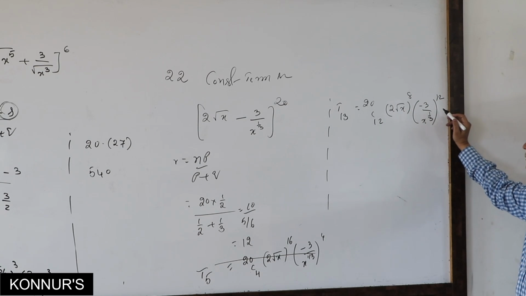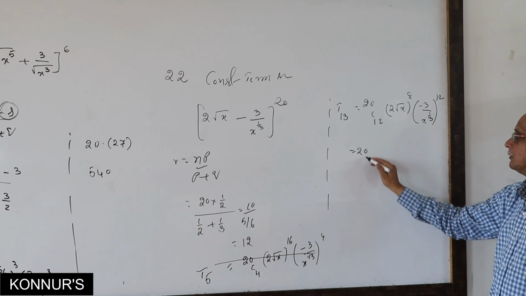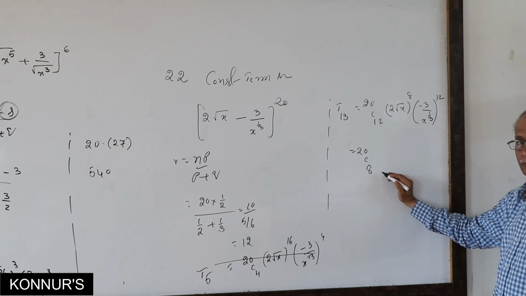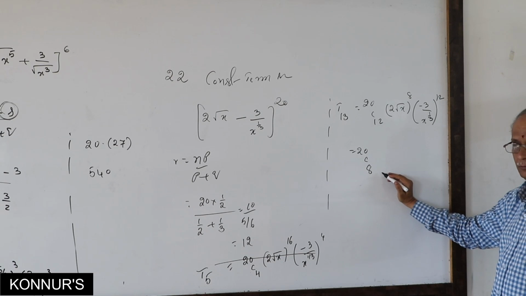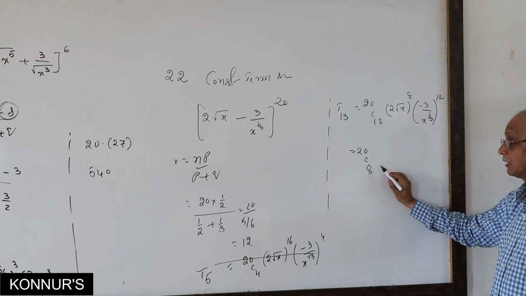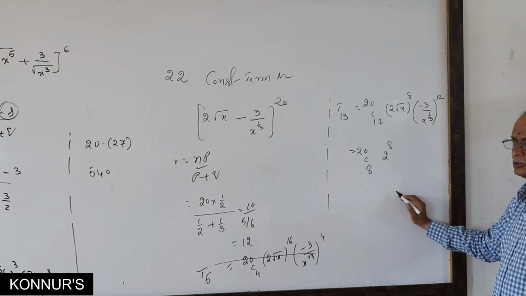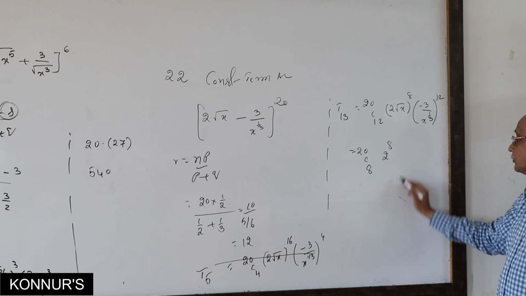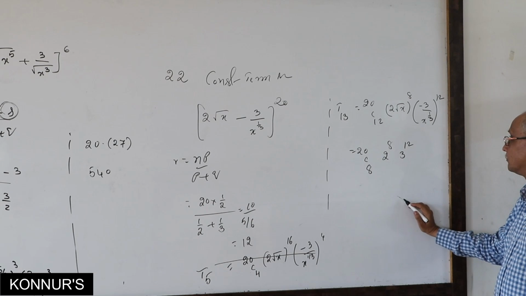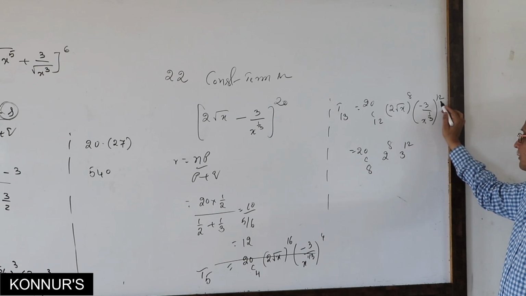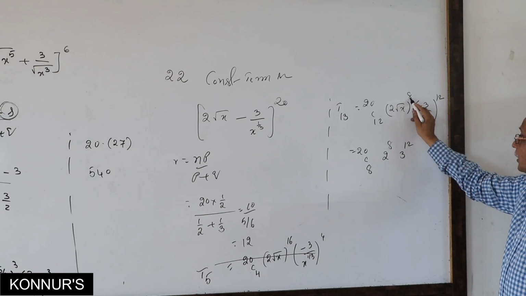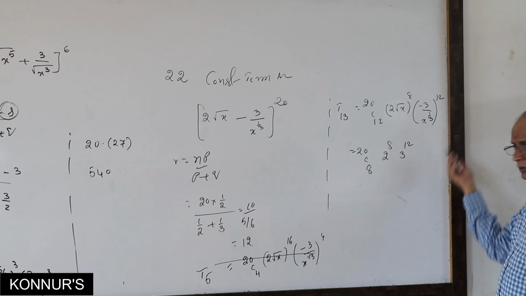Here it is 4, here it is 4, cancel, constant it must be. 20C12. Okay. Answer can be anyone, NCr equals NC n minus r. 2 power 8, all constants you have to collect. 3 power 12, minus is there, even power positive. 8 by 2 is 4, 12 by 3 is 4, cancel.